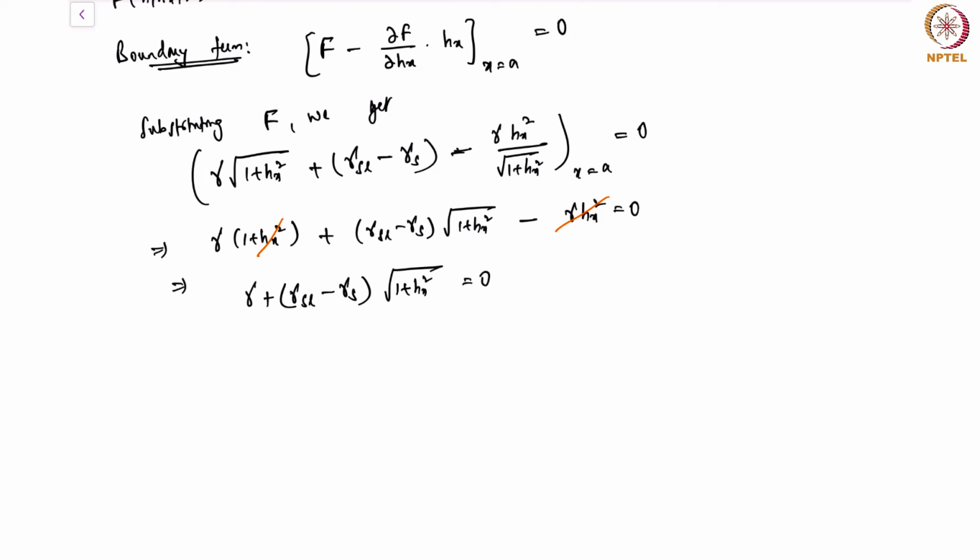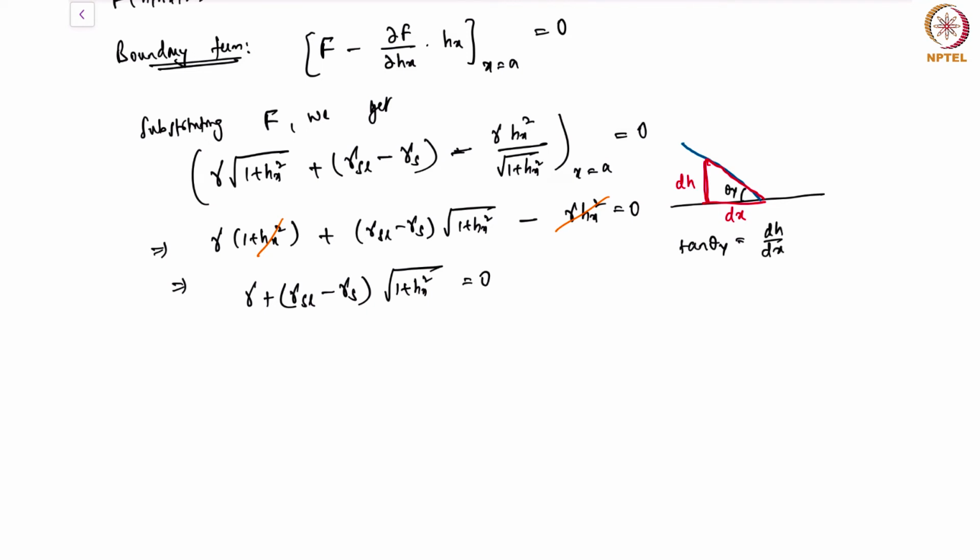And if you recall the region very close to the contact line, if this is the contact line and if the angle, let's say, is theta y, and you look at a small element very close to the contact line, if you draw a triangle, let's say this is dh and this is dx, then we find that tan of theta y is dh by dx.